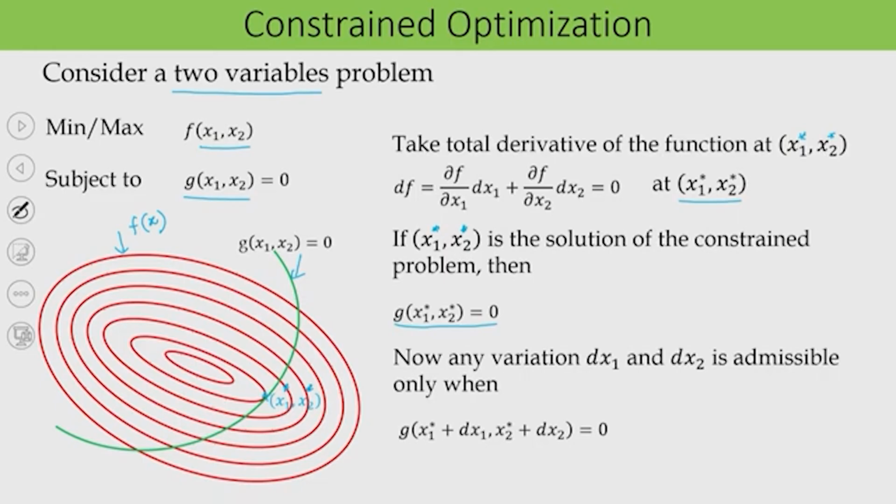Now, if we go for any variation of dx1 and dx2, then the variation is admissible only when whatever new point you are getting lies on the constraint.